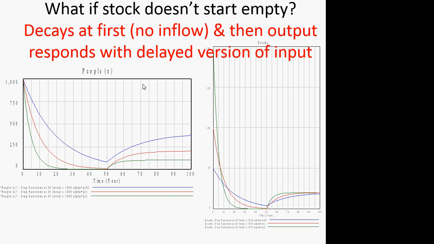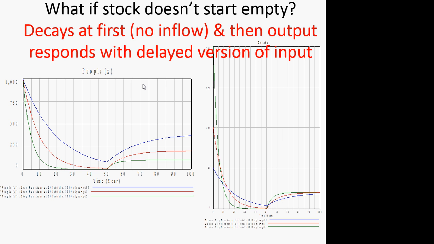And you can experiment with it, and you will see different delays. Okay, what if the stock doesn't start empty? Well, if it doesn't start empty, it will try to come into balance while the inflow is 0.